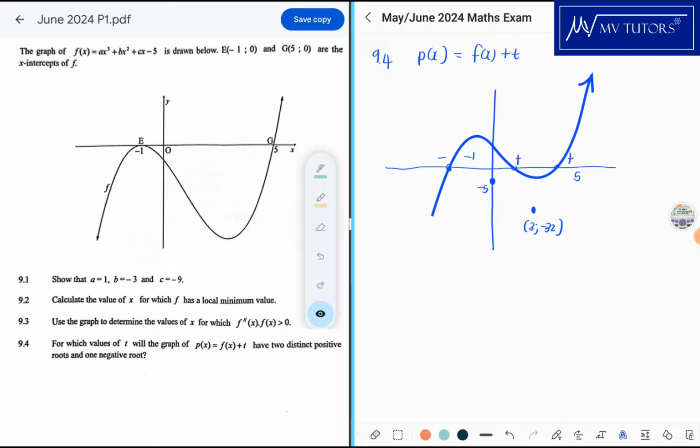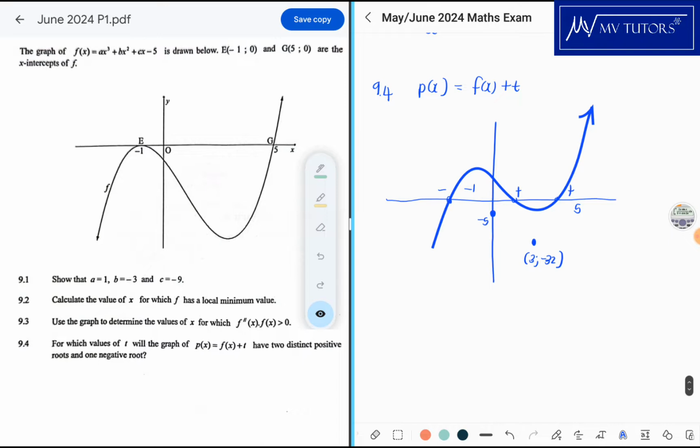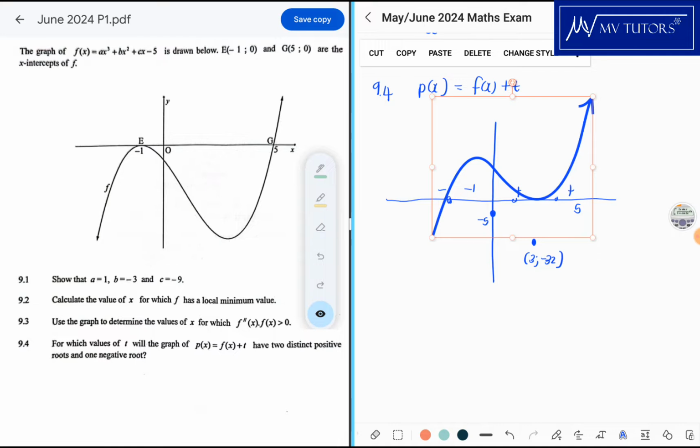Okay, but if you continue taking this graph up, like I showed you, it starts having 1 positive and 1 negative. Okay, so it's over a region. Okay, so what I wanted to show you here is t has to be bigger than 5.